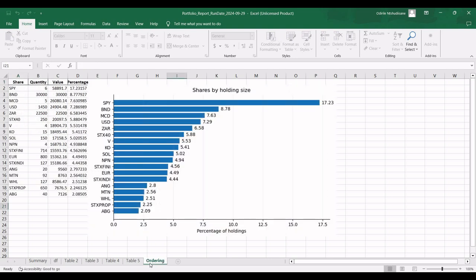And we also had a tab called orderings, which just ordered the shares by largest to smallest percentage holding.